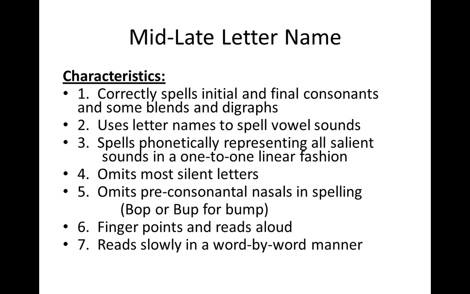However, as they move to middle to late letter name, we start to see vowels. Sometimes those vowels are not perhaps the conventional vowel used, like in the table we have bad for bed. The student is acknowledging that there is a vowel sound, but kind of unsure which letter makes the sound.